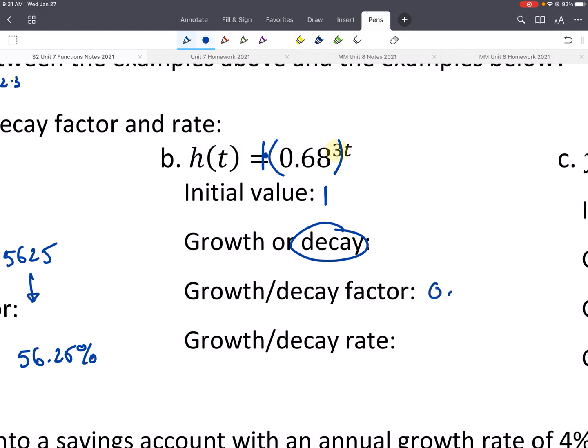So we'll say 0.31. And then our decay rate, again, it's the difference from 1. So 1 minus 0.31 gives us 0.69 or 69%.